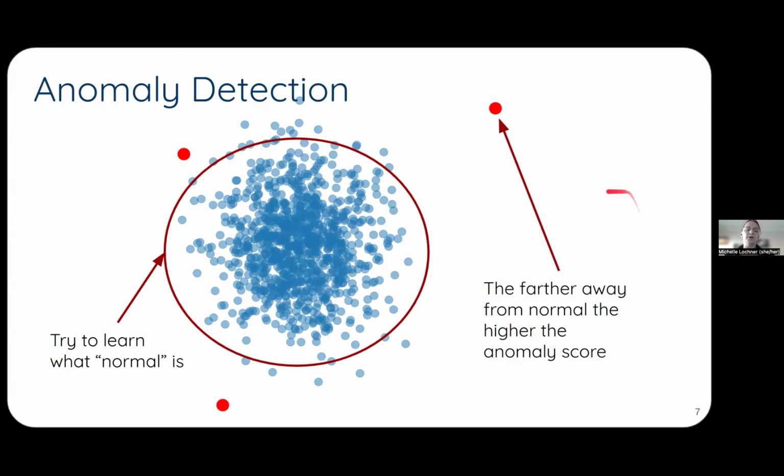So this is a branch of machine learning called unsupervised learning. And there are these anomaly detection algorithms that are designed basically to just take a look at a whole lot of data, try and identify what kind of normal looks like, and try and look for things that are far away from the norm.